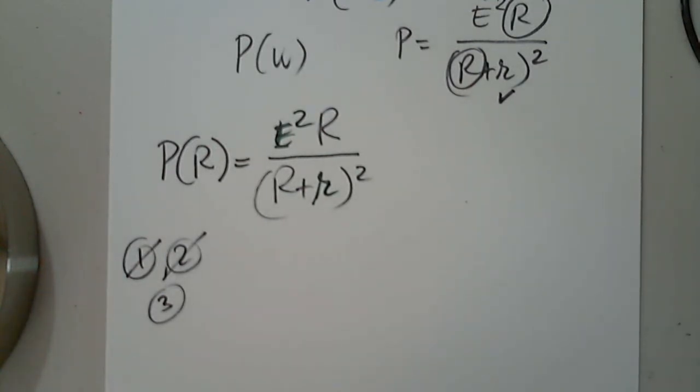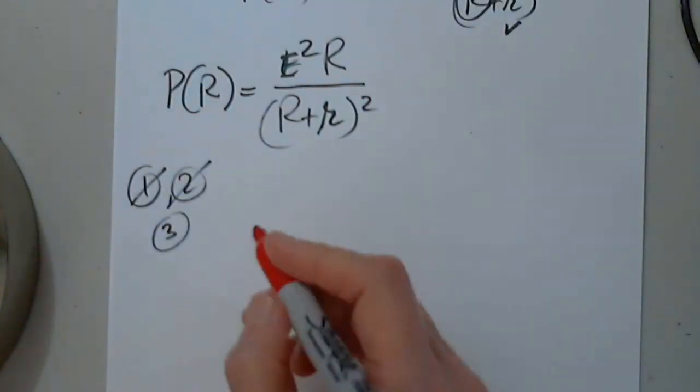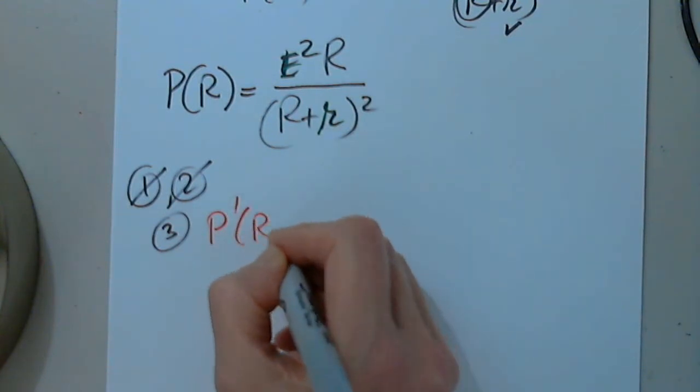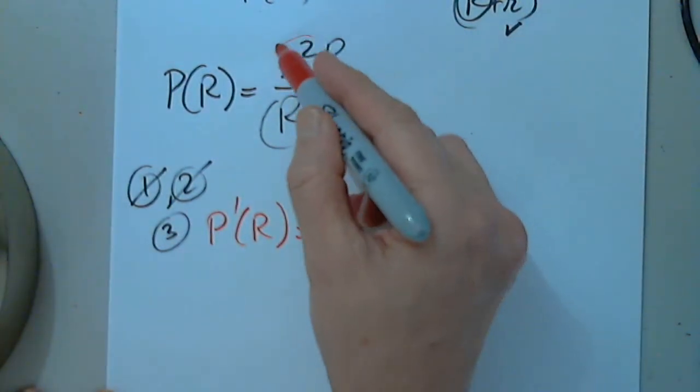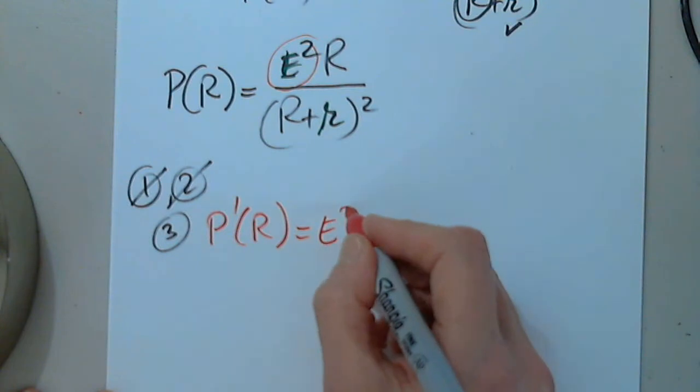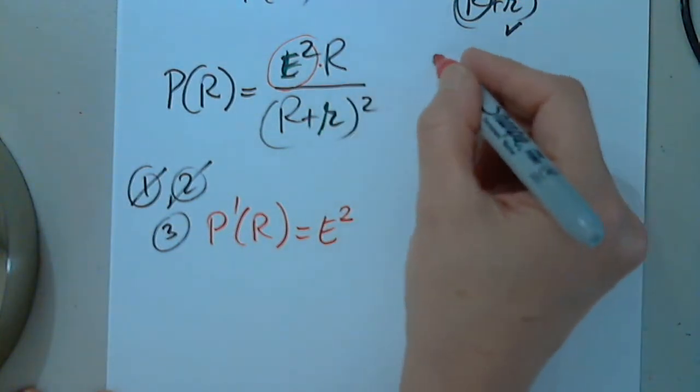What is step 3? Yes, P prime of R. This is a constant. Please leave it alone because this is a factor and nothing else follows.